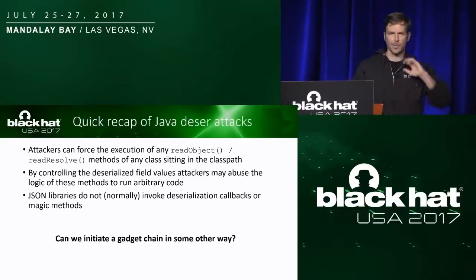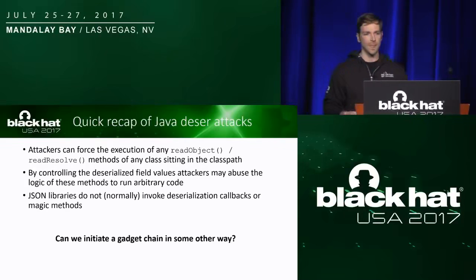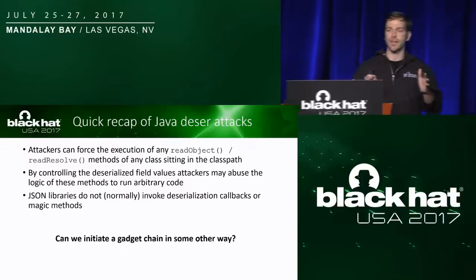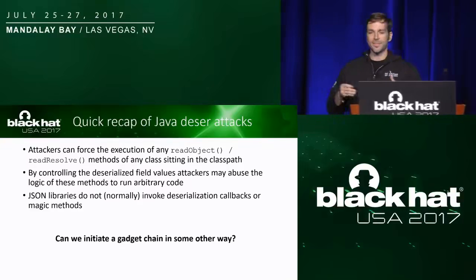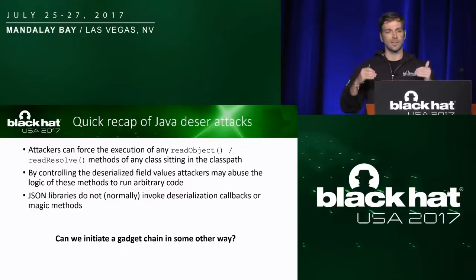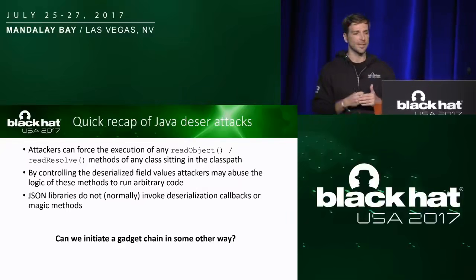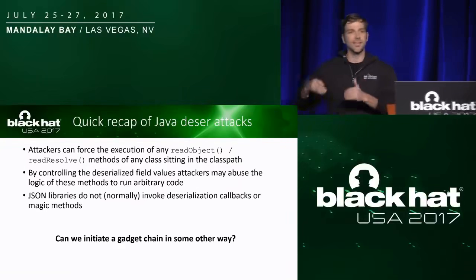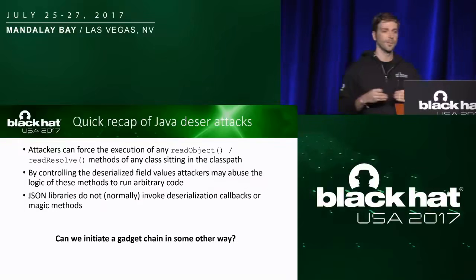So a very quick recap on how attackers were able to get arbitrary code execution with Java deserialization attacks. Basically, they were sending a stream of untrusted data to the deserializer, to the vulnerable endpoint. And this data contained some type discriminators, which is nothing else than the class name for some arbitrary types that the attacker could control. Then the deserializer would instantiate these types and invoke some deserialization callbacks on them, right?